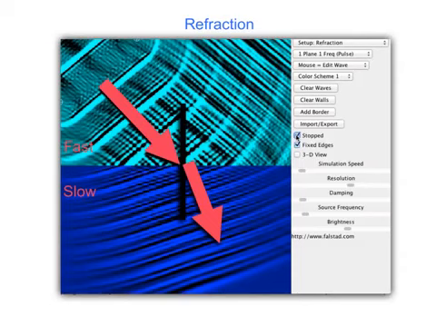We can characterize this bending by referring to this normal line. So what we would say is that when waves travel from fast to slow, they bend towards the normal.